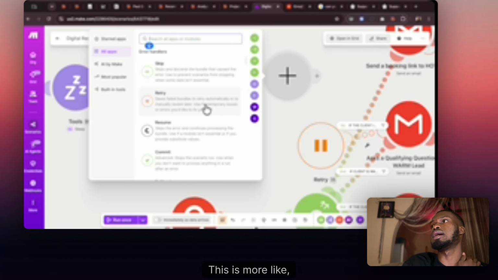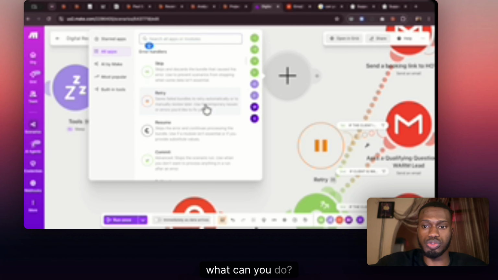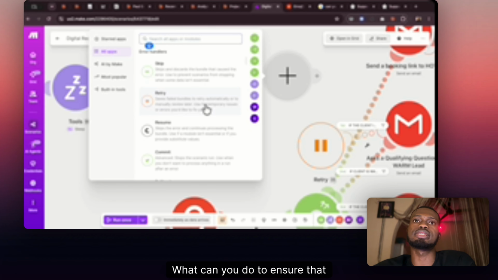This is more like, once it hits rate limits, what can you do to ensure that whatever detail is there is not lost? Because even if you come back to check it and set everything up again, that particular lead, that detail, if it's missing in your database, it could cause a lot of problems, or you could lose leads from there. So you can add a retry, which obviously, what is it doing?